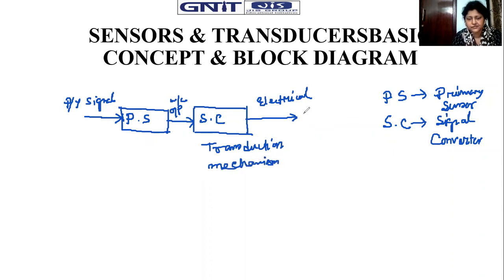We will get the electrical quantity as output, suppose an electrical output, or any other form of it, it may be a pressure signal, but it will be comparable for measurement as well as recording, and it may be processed further.